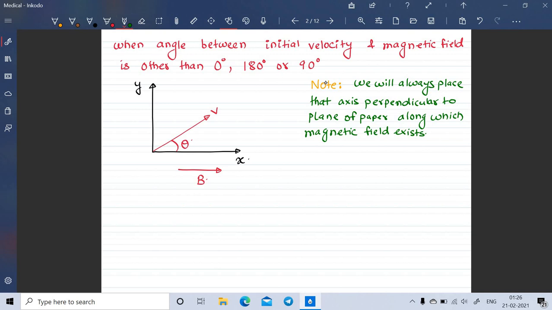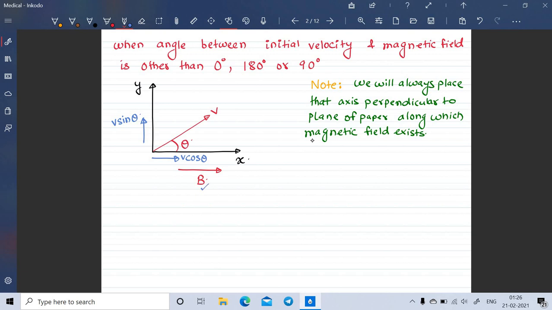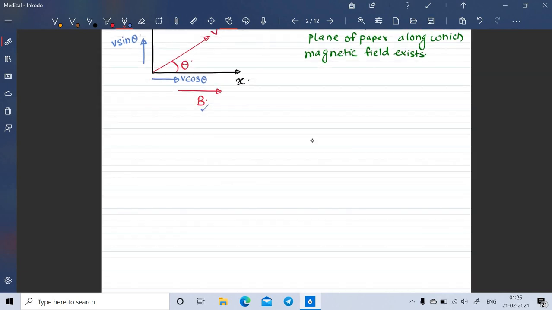So in this case, we first break the velocity into components: v cos theta, v sin theta. Now, since field is along x-axis, I have to place x-axis out of the plane. What I will do, this is y, this is z, but automatically then y cross z has to be i, so z axis will be out of the plane, positive z.